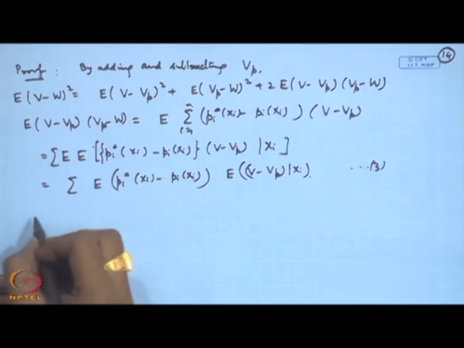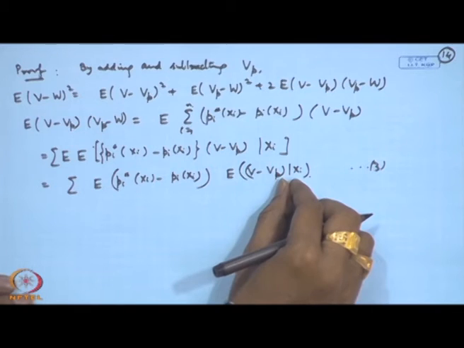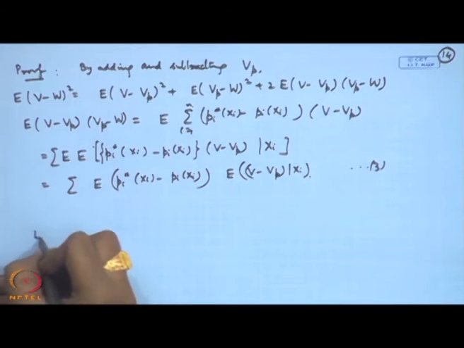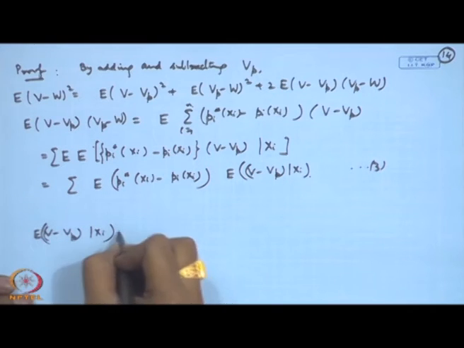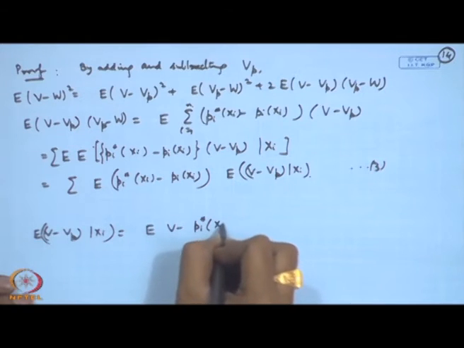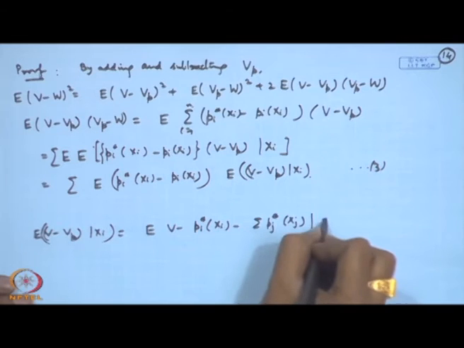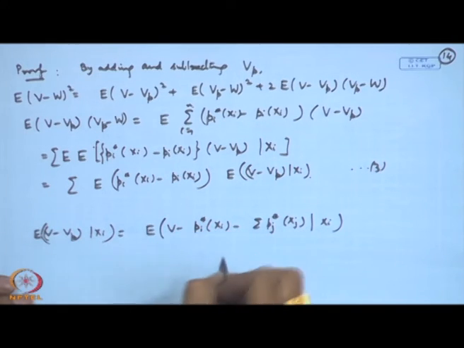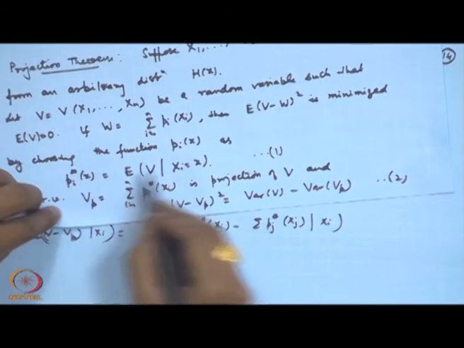Now, if we consider expectation of V minus V_p given x_i, that is equal to expectation of V minus p_i star(x_i) minus sigma p_j star(x_j) given x_i. Now, if we look at the definition 1 here, then this is actually equal to 0.